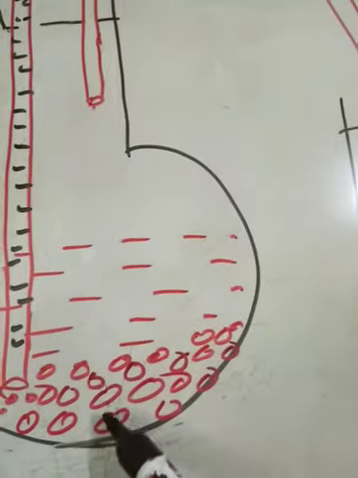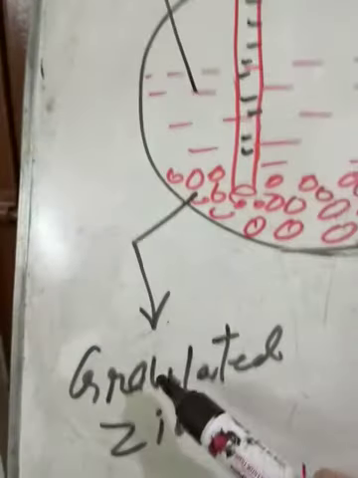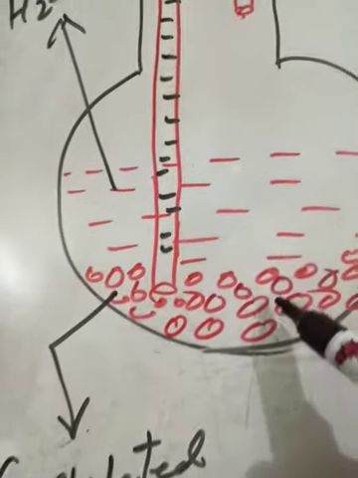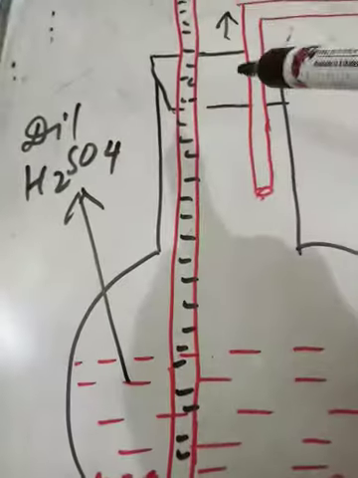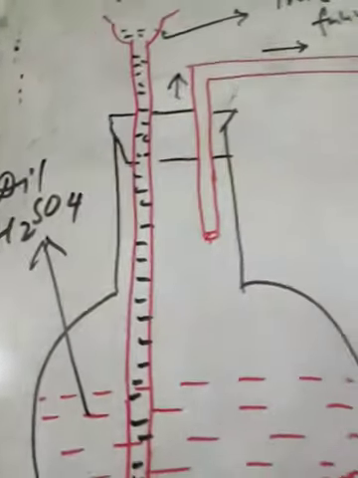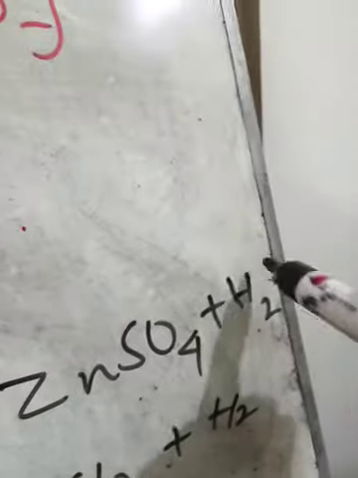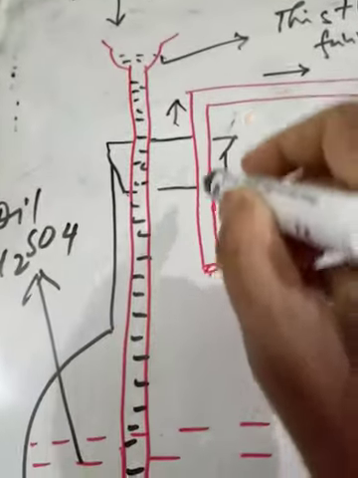Here this is granulated zinc, and this is dilute sulfuric acid. When dilute sulfuric acid is added to granulated zinc, the reaction will take place like this, and it will produce hydrogen gas. Hydrogen gas will go upwards as it is lighter than air. The hydrogen gas will escape through this side tube.